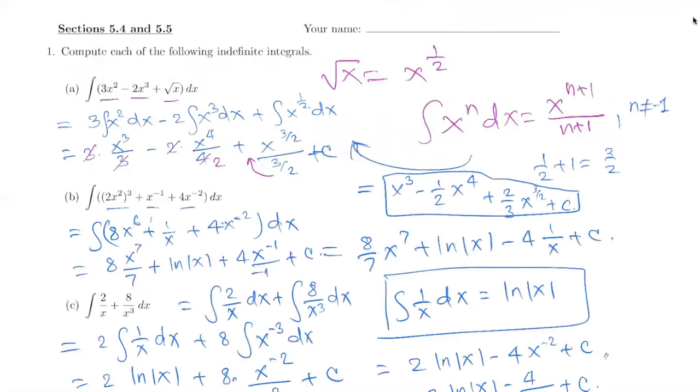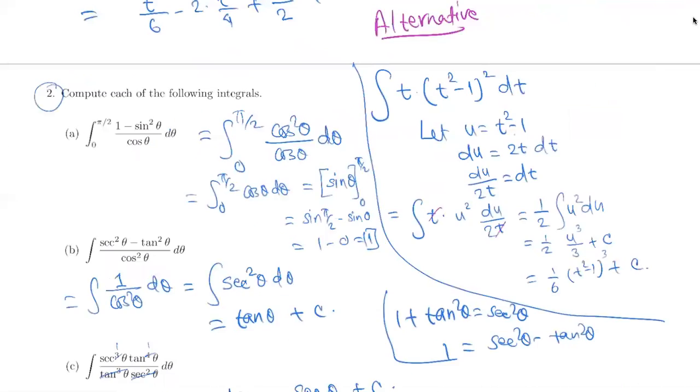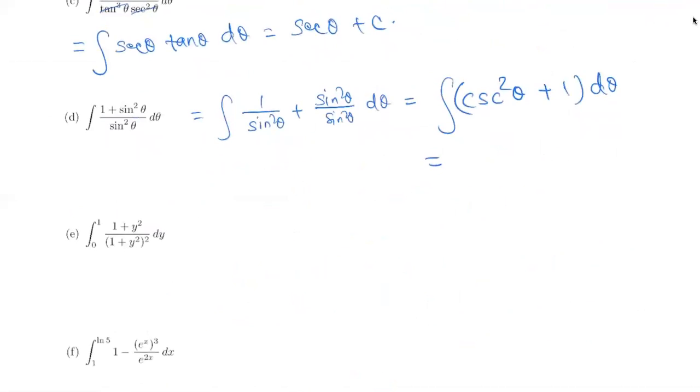It's just a simple formula. So we get negative cotangent theta plus the antiderivative of 1. We would say x, but our variable is theta, so plus theta. So this is simply a formula: the antiderivative of cosecant squared is negative cotangent.